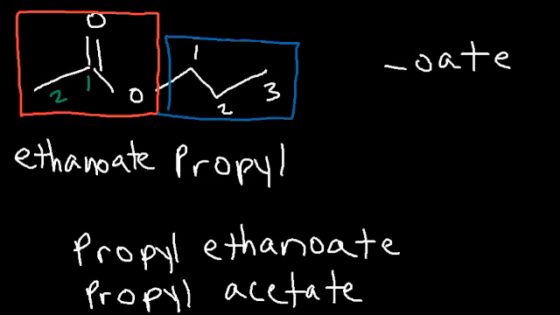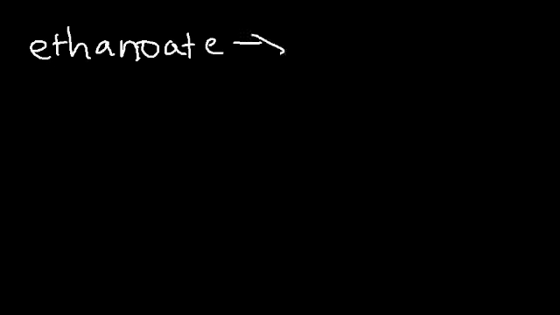If you want to convert the IUPAC name to a common name, there's some things you need to know. Whenever you see ethanoate, you can replace it with the common name acetate.